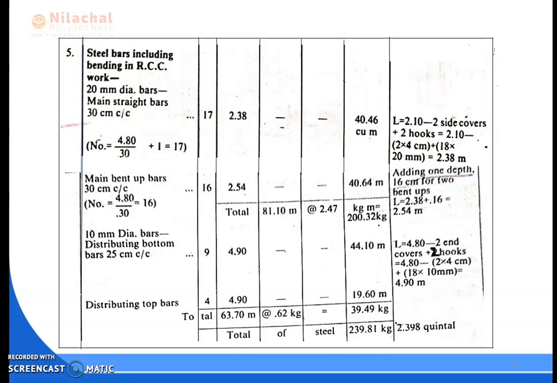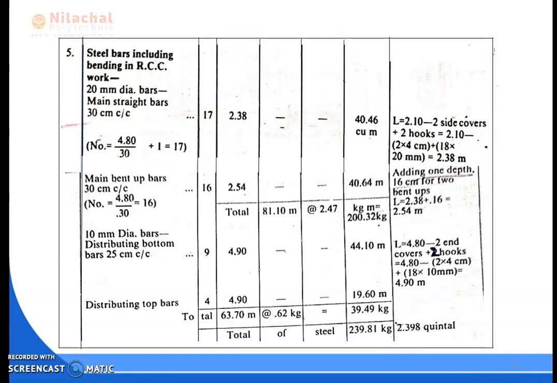Now first of all, we study the diagram when the diameter of the bar is given, the center to center distance is given, and the length and breadth are given. The length and breadth part we already discussed. We already know the slab is 4.80 meter in length, the breadth is 2.10 meter, and the thickness is 20 centimeter.